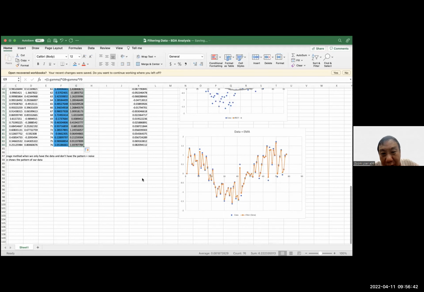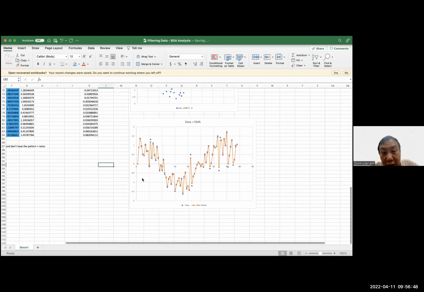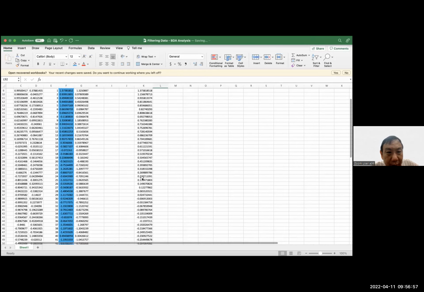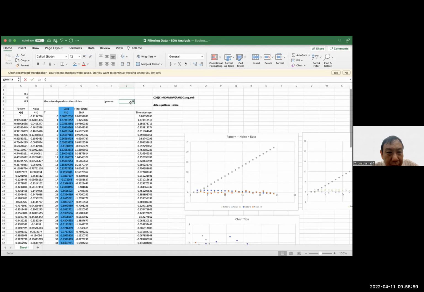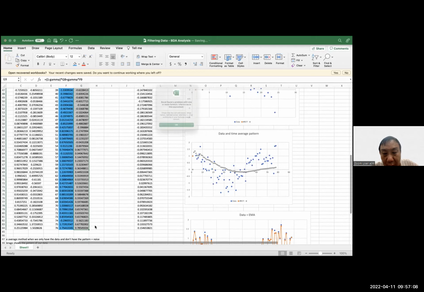Oh, your EMA is now close to your data point, right? Very close to the data point because it's 0.9. How about if you change to 0.1? Okay, now check your EMA. What will happen?